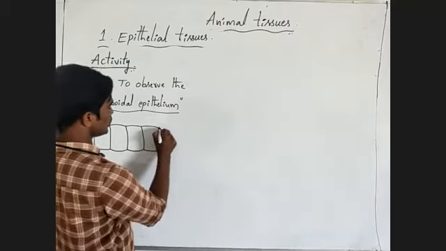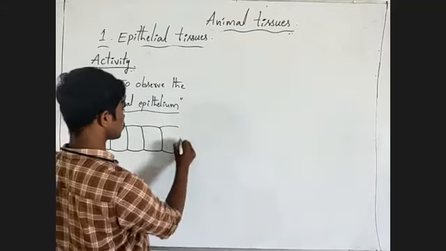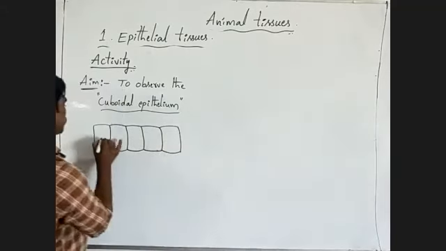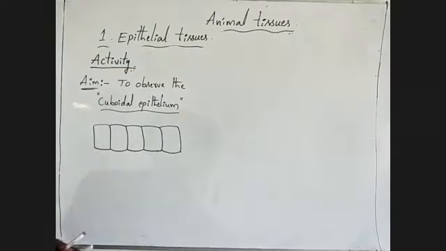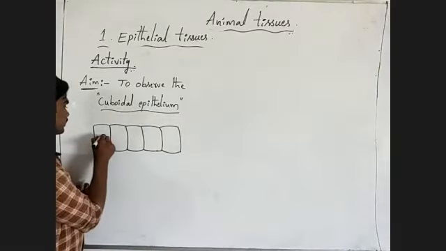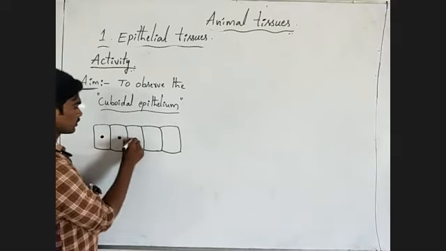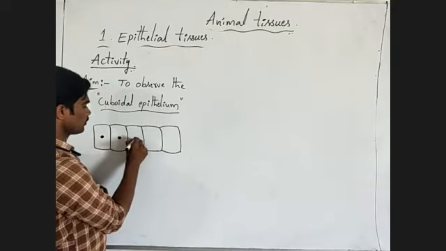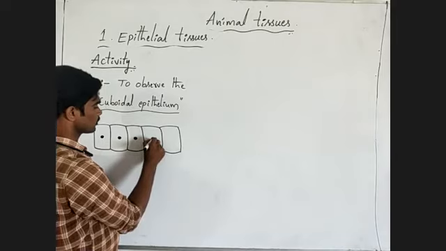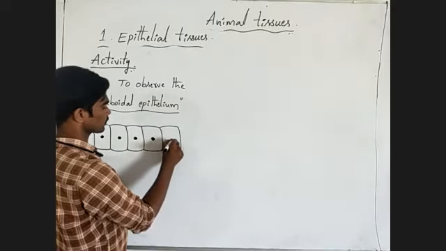Like this, there are no intercellular spaces here also. Next, all cells form a tooth-like structure. They form a tooth-like structure.